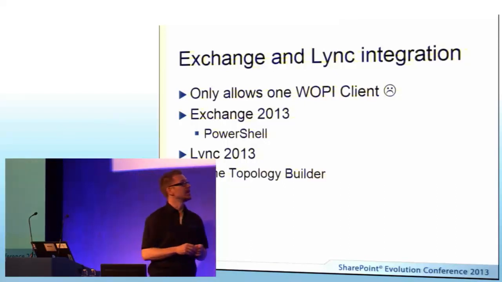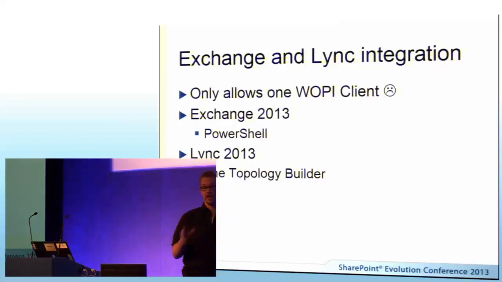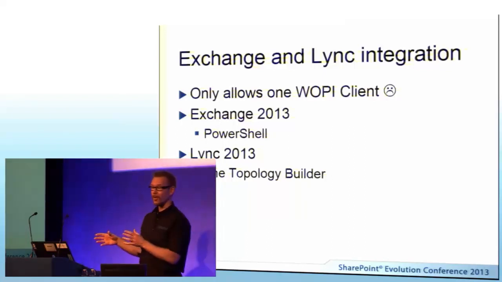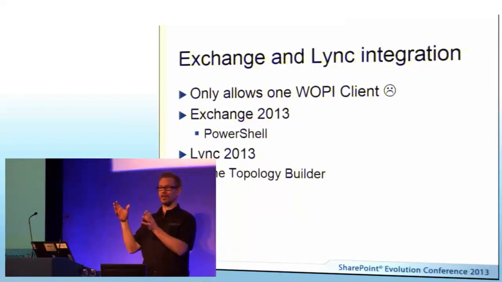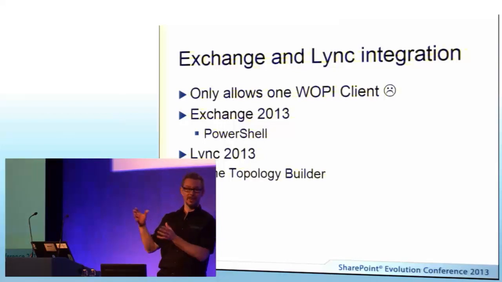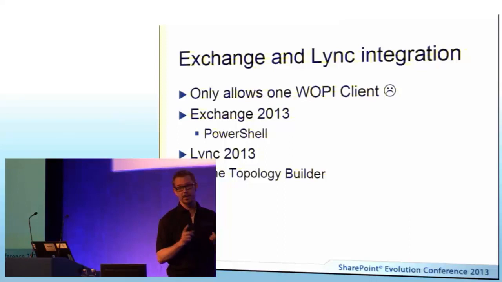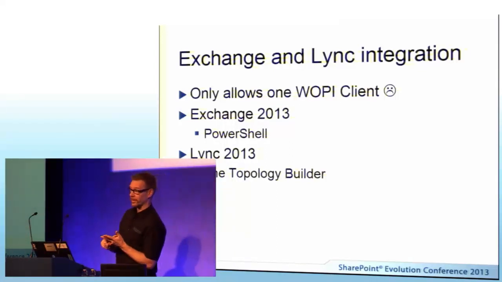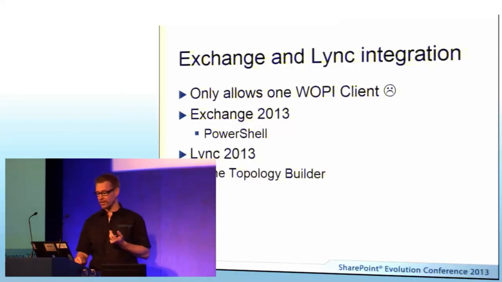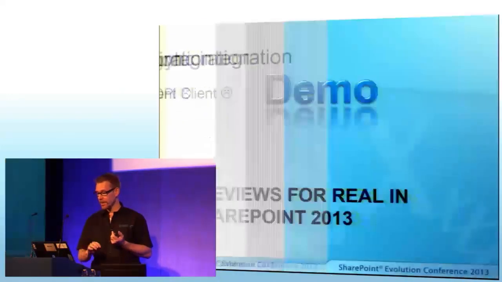So if you want to integrate your custom thing into Exchange or Lync, you have to choose either use the WAC server or your custom one, or implement some proxy in your custom one to go to the WAC server. And in Exchange, it's a simple PowerShell commandlet to execute, and in Lync, you use a topology builder to connect it to the WOPI client.